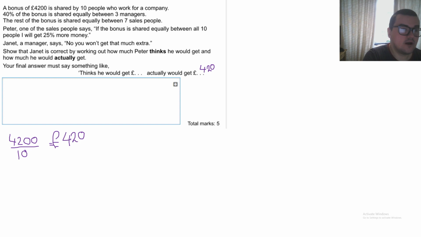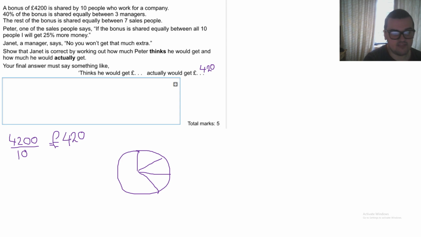So let's work out how much he actually does get. Imagine it's a cake of 4,200. 40% of the cake is shared between 3 managers, and this 60% is shared between 7 salespeople.